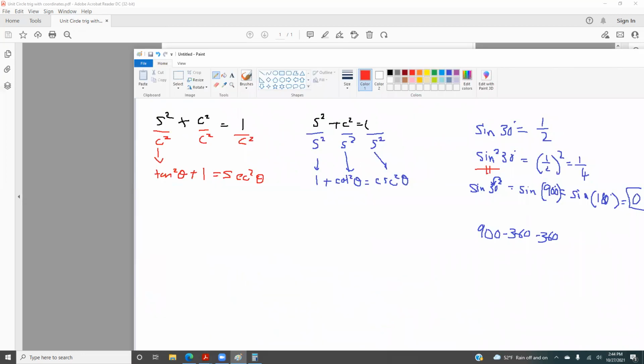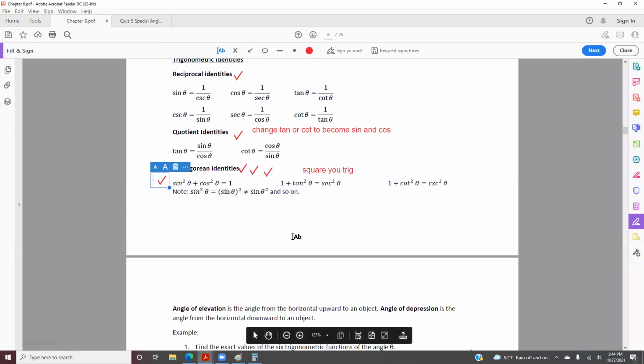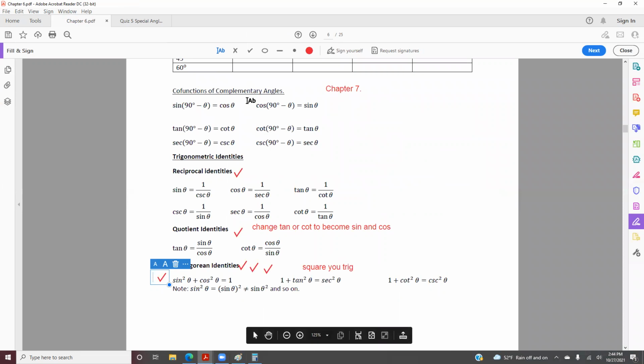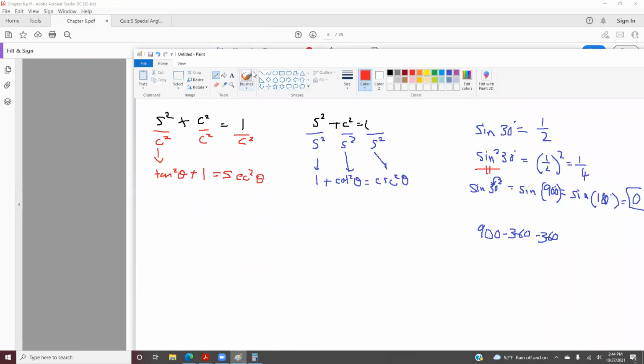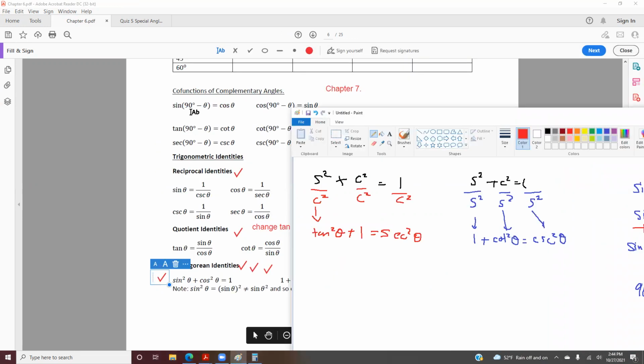Another one I forgot is the complementary angles. What are the cofunctions of complementary angles? It means that if you add these two angles up, it is complementary. Complementary means 90 degrees. Sine and cosine are cofunctions of complementary angles. Tangent and cotangent are also complementary. Secant and cosecant too.